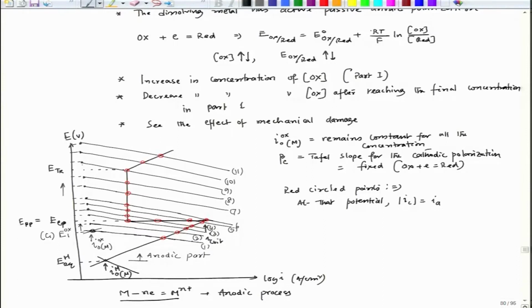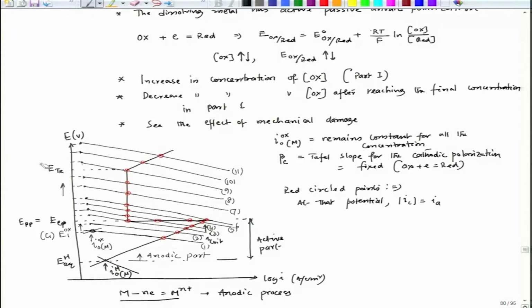So, it will only see the circled points when the concentration of oxidant is increasing, and those points should be considered, which are the connection with the active part of the anodic polarization portion. So, this particular region is the active part, and of course, these two regions.